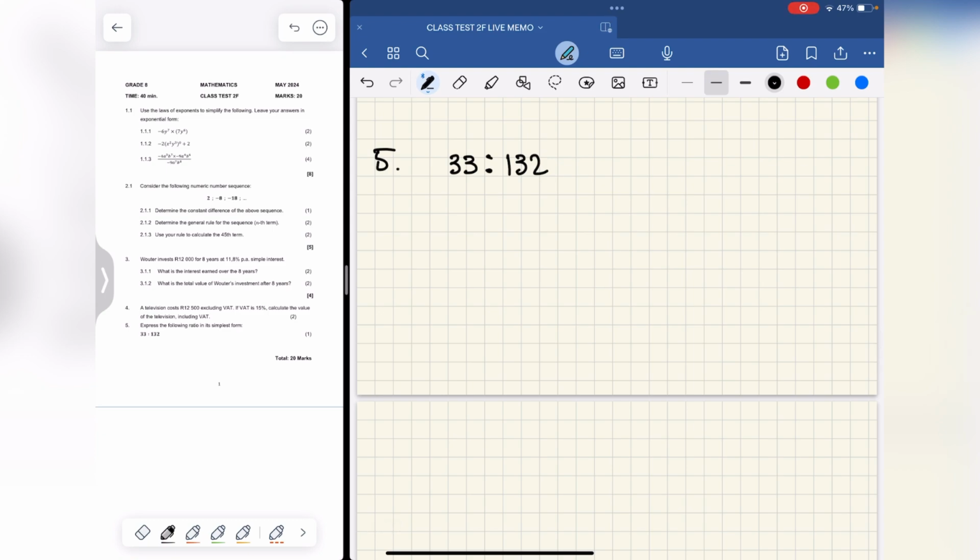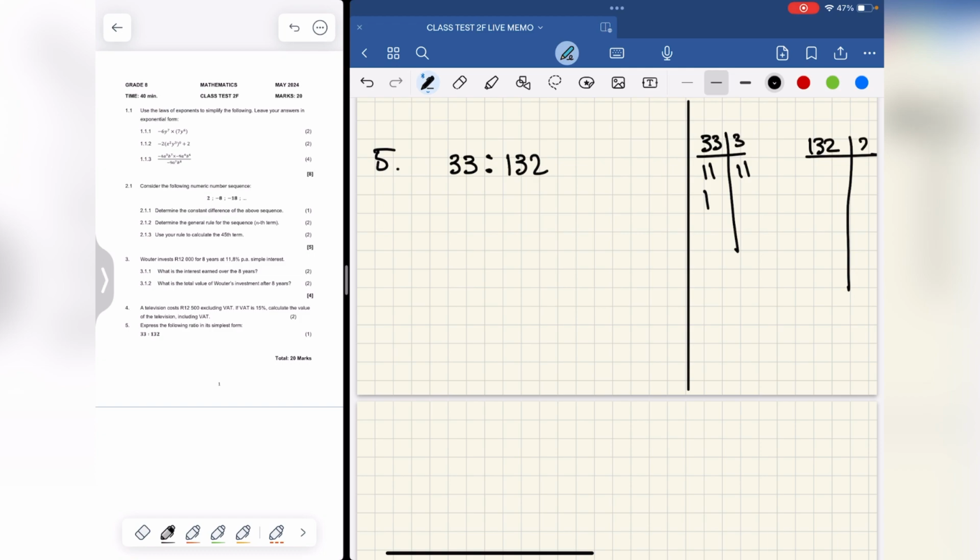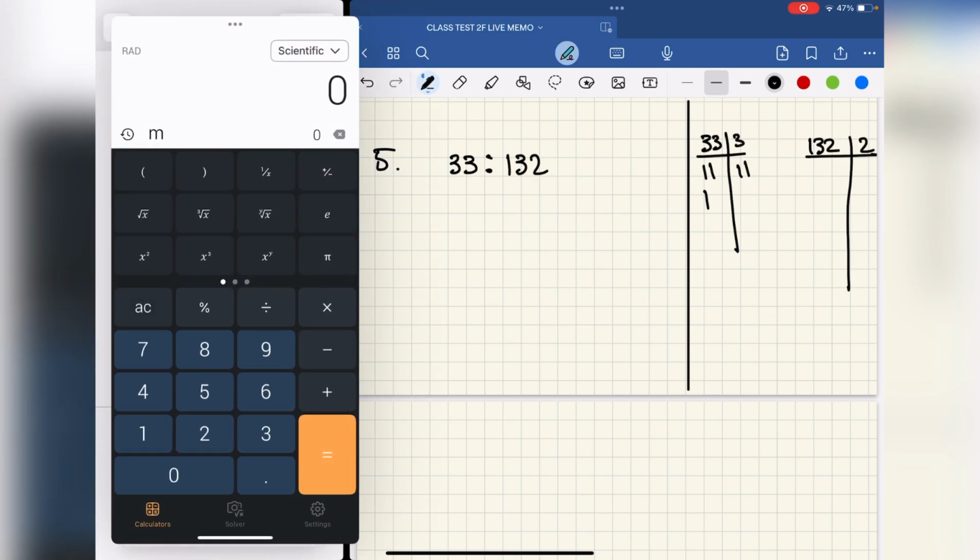So if I just make a little space here on the side of the page, and if I quickly just do the same thing I did in the previous test, where I just quickly go do two ladders here, and I say, okay, that's 3, that is 11, that's 11, that's 1, and this is 2. Let's quickly just do that.